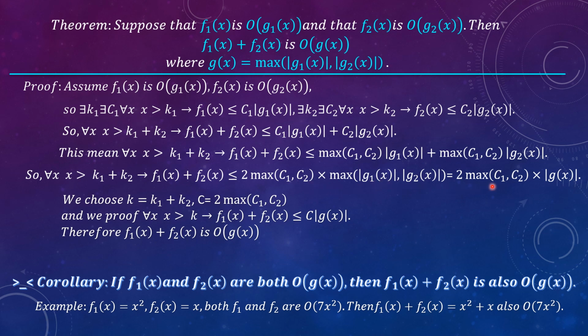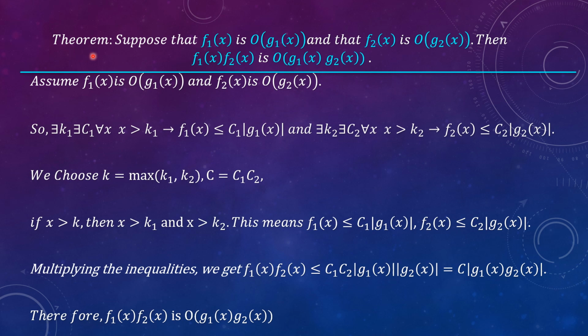This is equal to this, and then we choose k and c such that for all x bigger than k, f1 plus f2 is smaller than or equal to c g(x). So we prove the corollary: if f1 and f2 are both big O of g(x), then f1 plus f2 is also big O of g(x). This is some example.